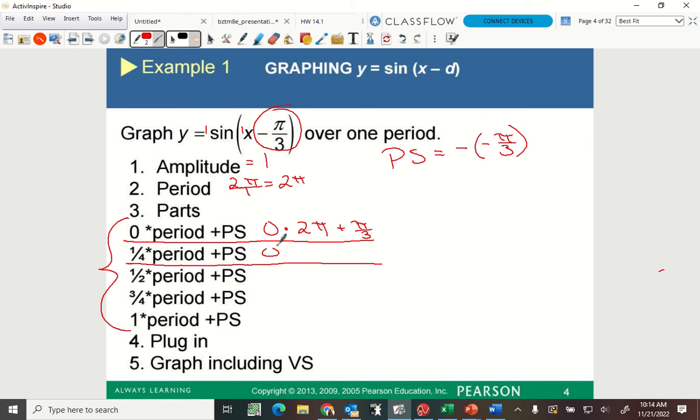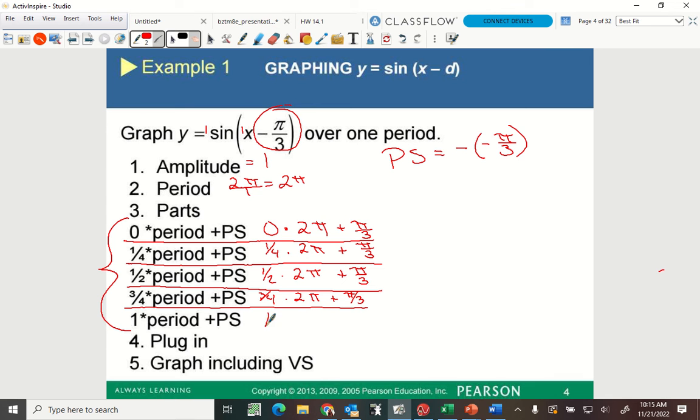Then 1/4 times 2 pi plus pi over 3. 1/2 times 2 pi plus pi over 3. 3/4 times 2 pi plus pi over 3.